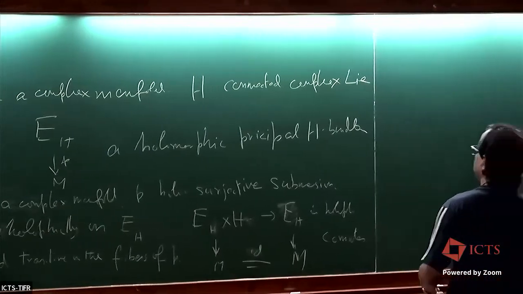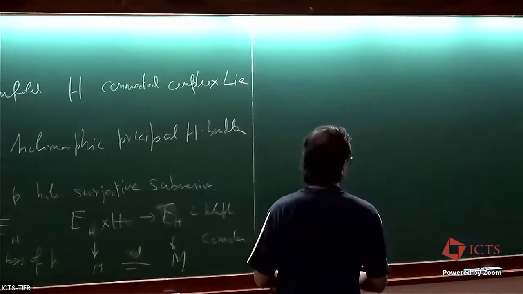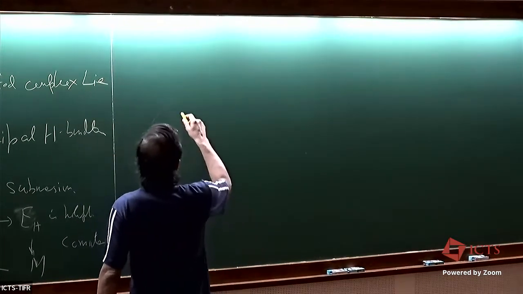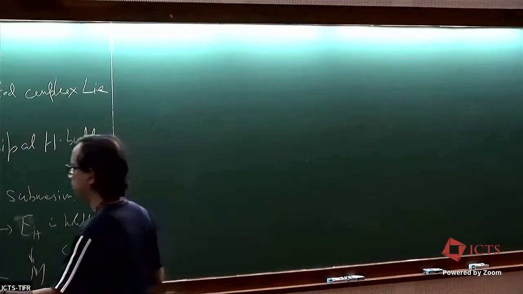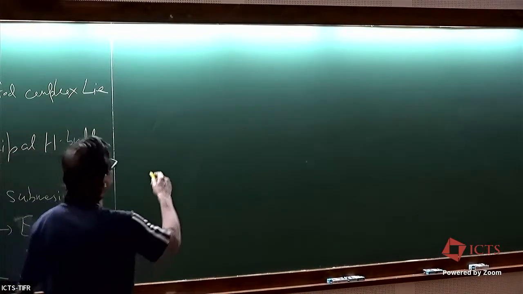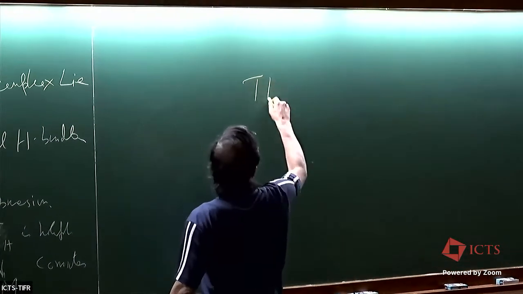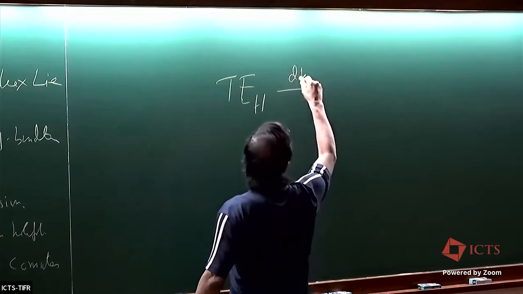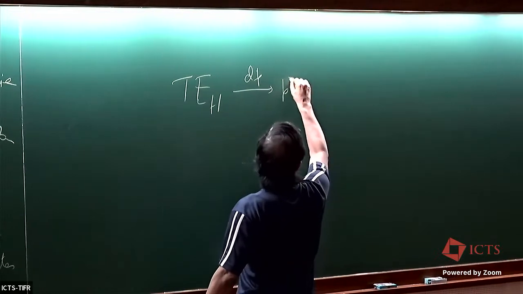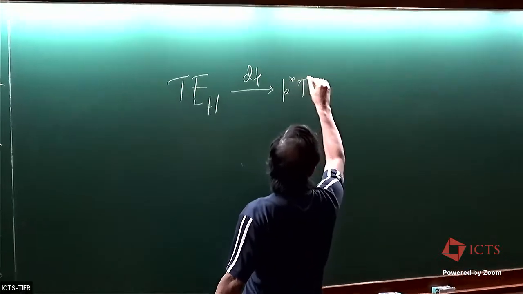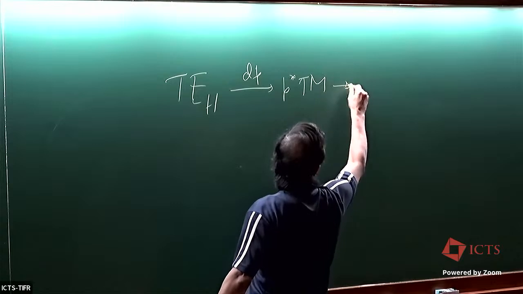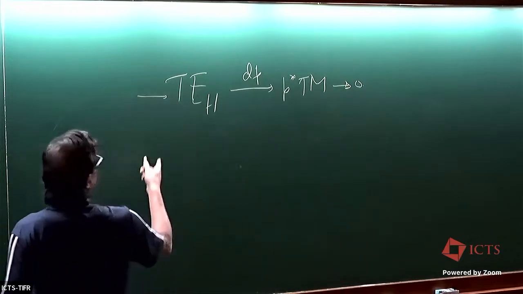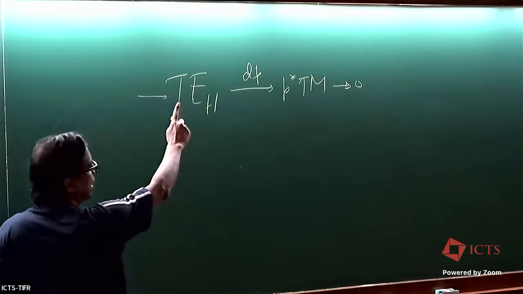Now let us recall the construction of the Atiyah bundle and the Atiyah exact sequence. You have the map P, and you have the differential of P, from the holomorphic tangent bundle of E_H to P star of the tangent bundle of M. It is surjective because the map is a submersion, and the kernel is the vertical along the orbits.